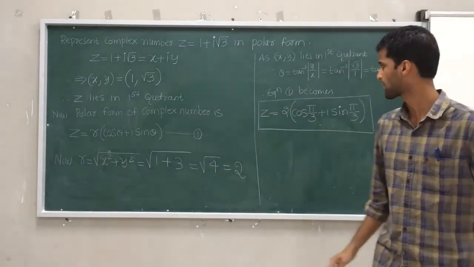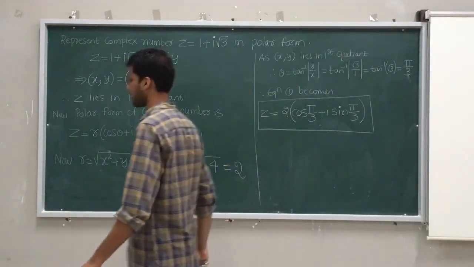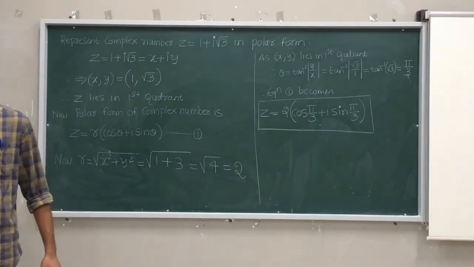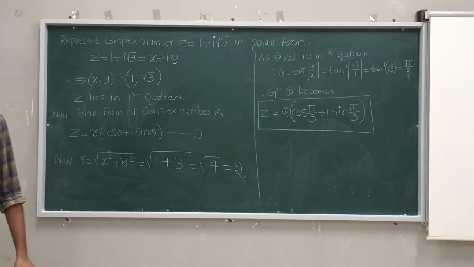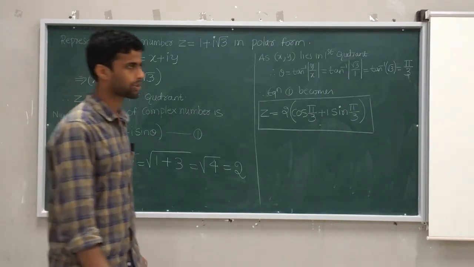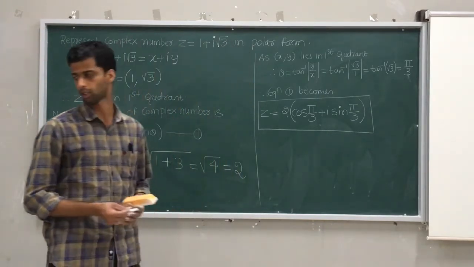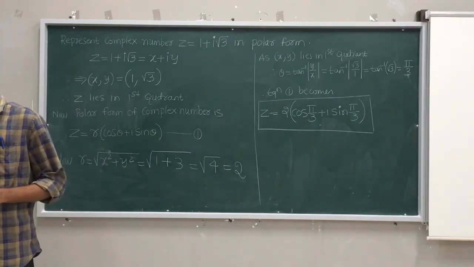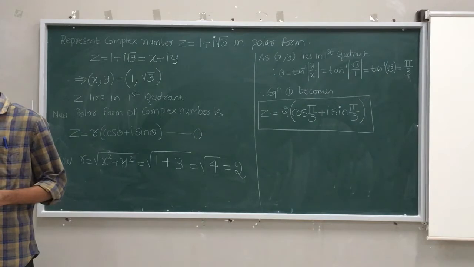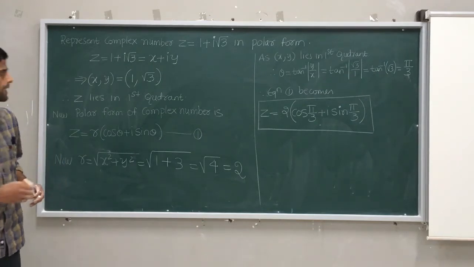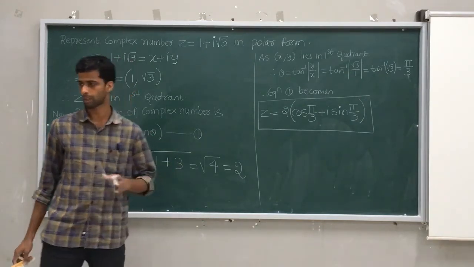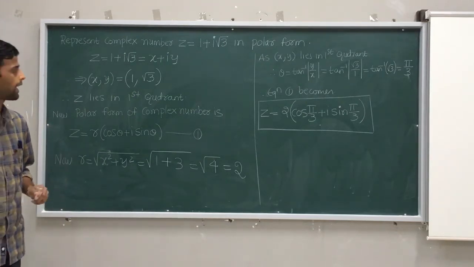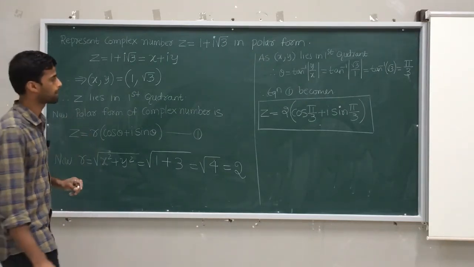So in a systematic way we showed that for 1 plus i root 3, its polar form is given by 2 times cos pi by 3 plus i sin pi by 3. Similarly, we will work with the remaining questions in a systematic way.